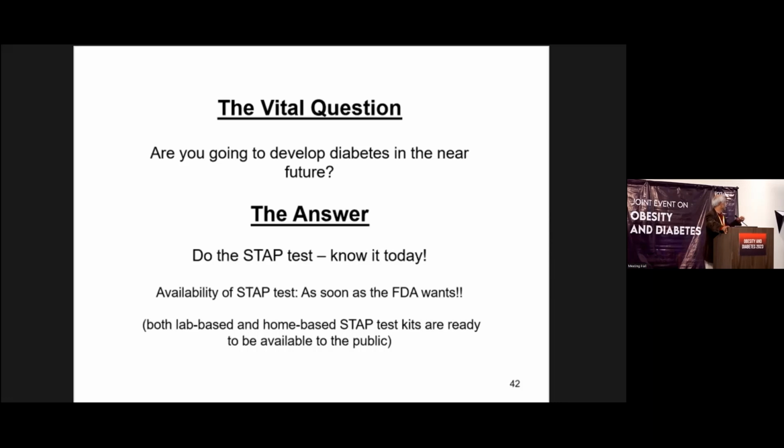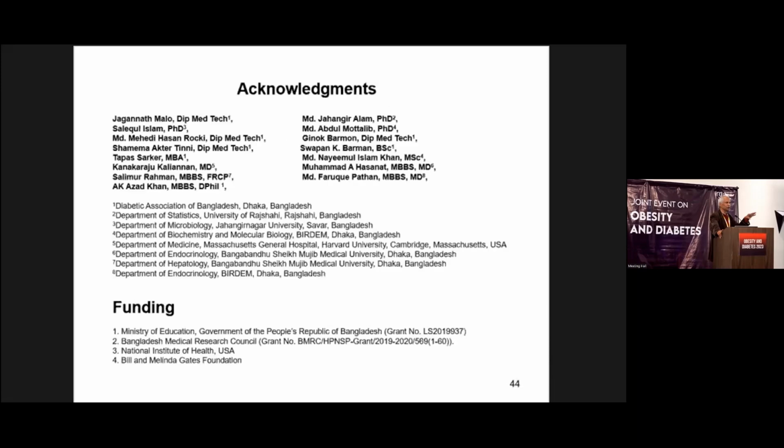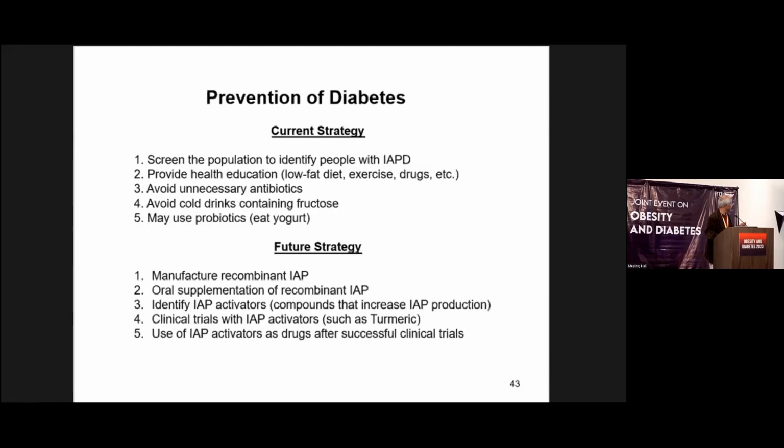We have applied to the FDA for the test, and the test is patented. We have the lab-based test, with which in 3 minutes I can tell if you are going to develop diabetes or not.